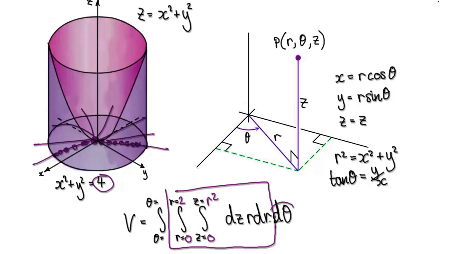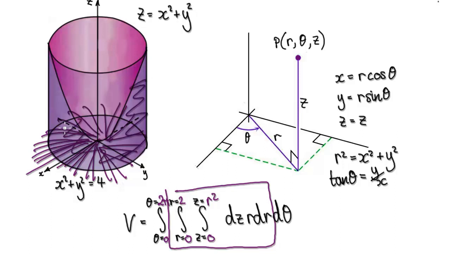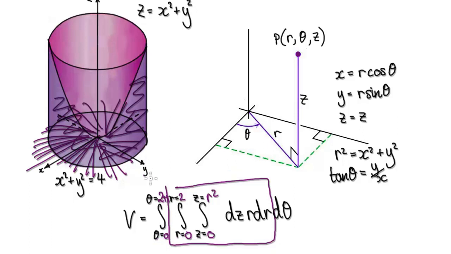And in terms of the angle theta, you're integrating from theta equals 0, all the way around until you get to an angle of 2 pi. So this volume is given by this triple integral, and it's just a matter of evaluating that integral.